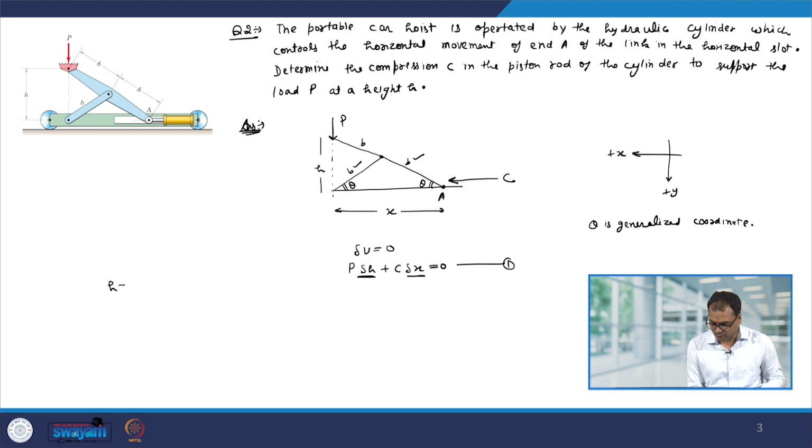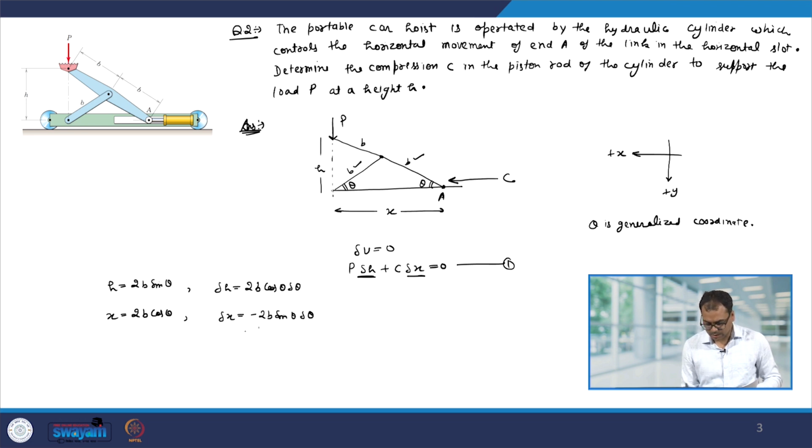You can see from the geometry that h will be 2b sin theta and x will be 2b cos theta. Therefore, delta h will be 2b cos theta delta theta and delta x will be minus 2b sin theta delta theta.